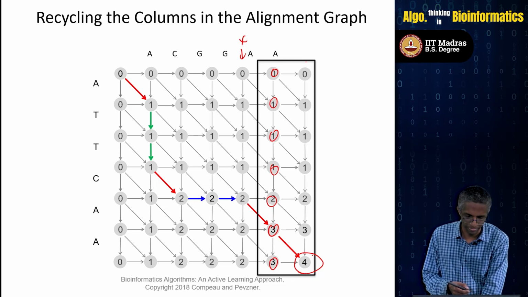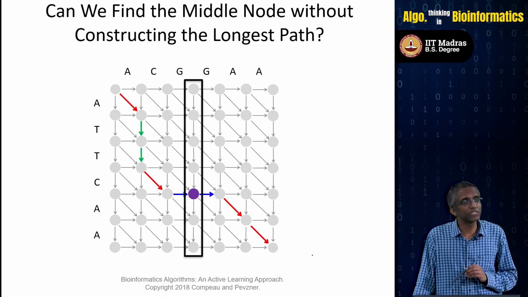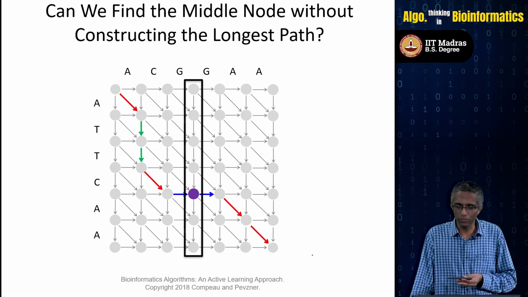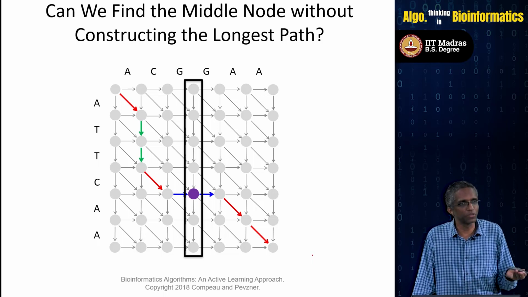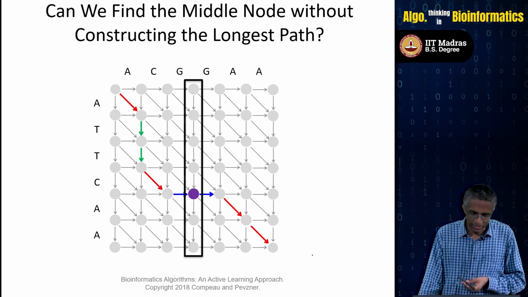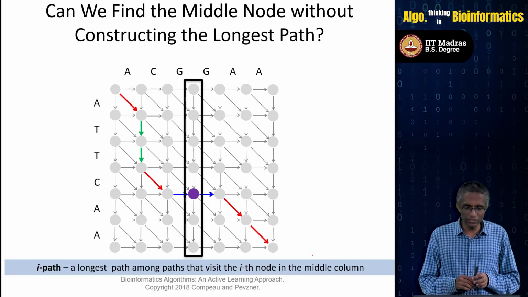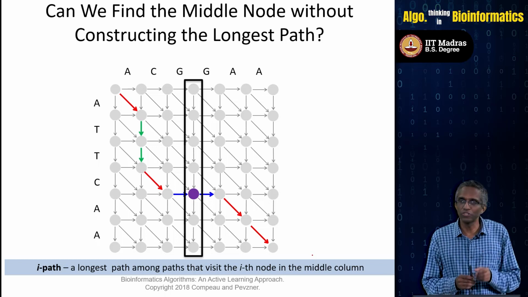Okay, now the question is, can we find the middle node without constructing the longest path? Because constructing the longest path will require getting all the backtracking pointers, and we have seen that backtracking pointers will again use up all the space, quadratic space, right? And in order to understand this, we go back to our decomposition of this problem.